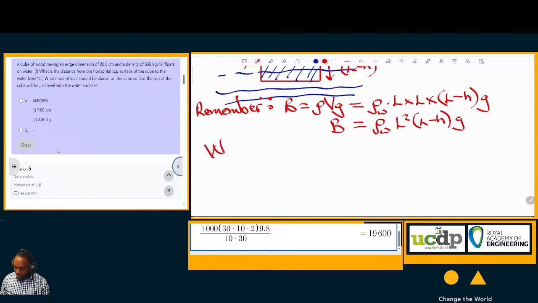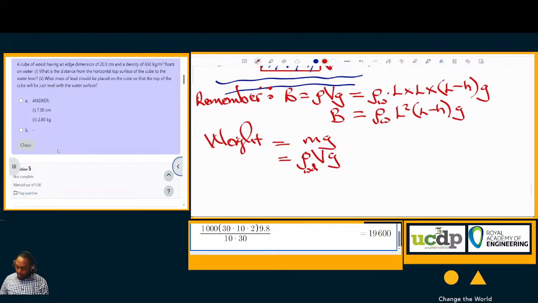Also remember that your weight will be equal to mg, and your mass is the density times the volume. But in this case, it is the density of the wood, which is why I've denoted it by WD.